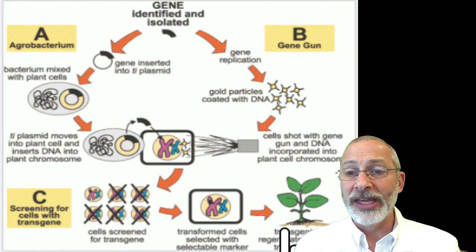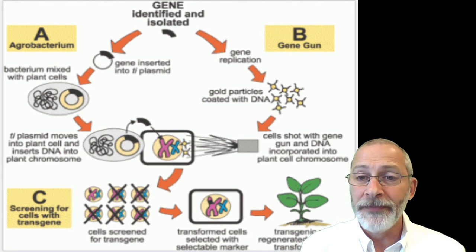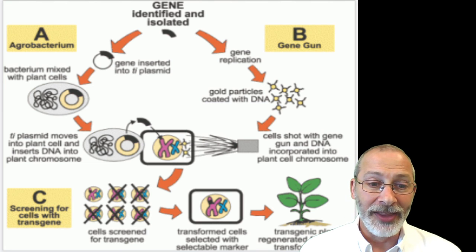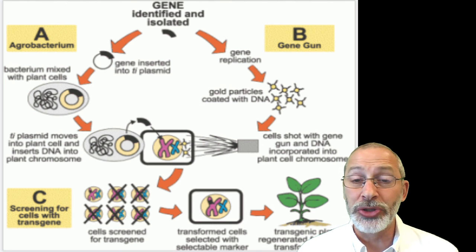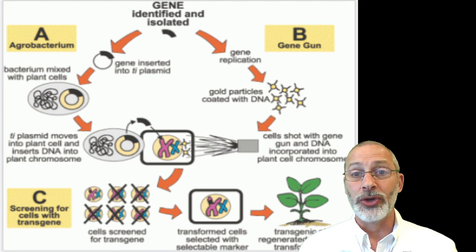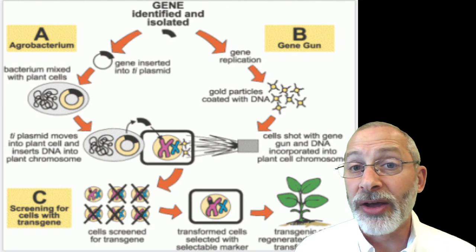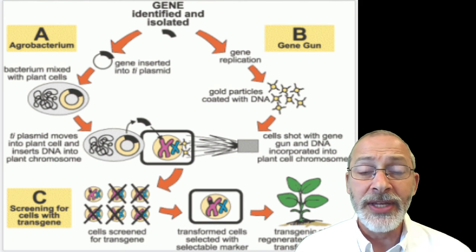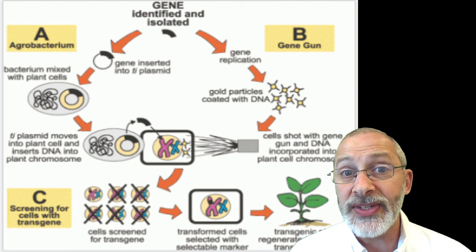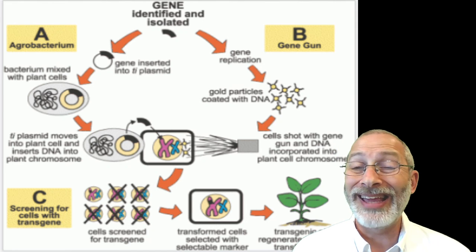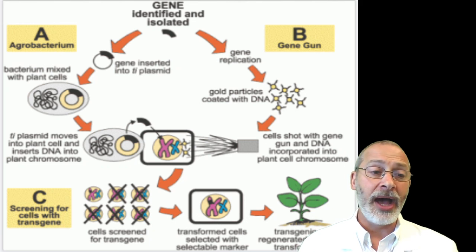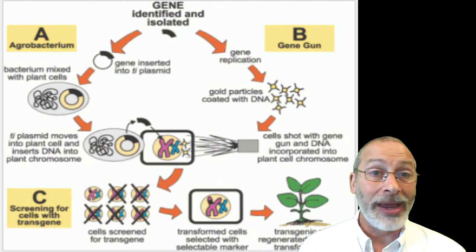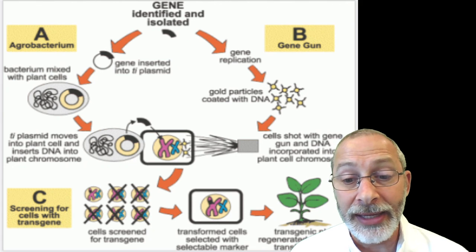And then the end result in this particular example is a transgenic plant that is regenerated from a single transformed gene. So this is done not necessarily in the health field, but in the agricultural field in order to give rise to plants that are perhaps resistant to disease or grow with certain characteristics. But in either case, genetic engineering is the way to go in today's day and age.